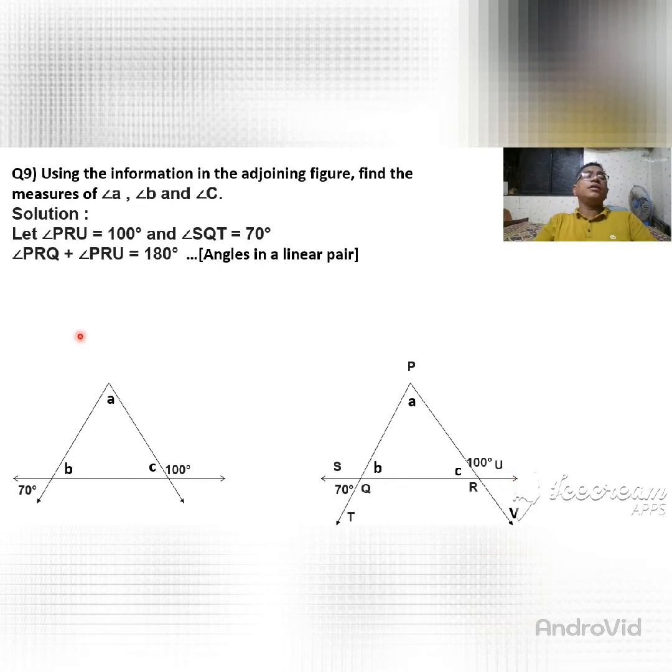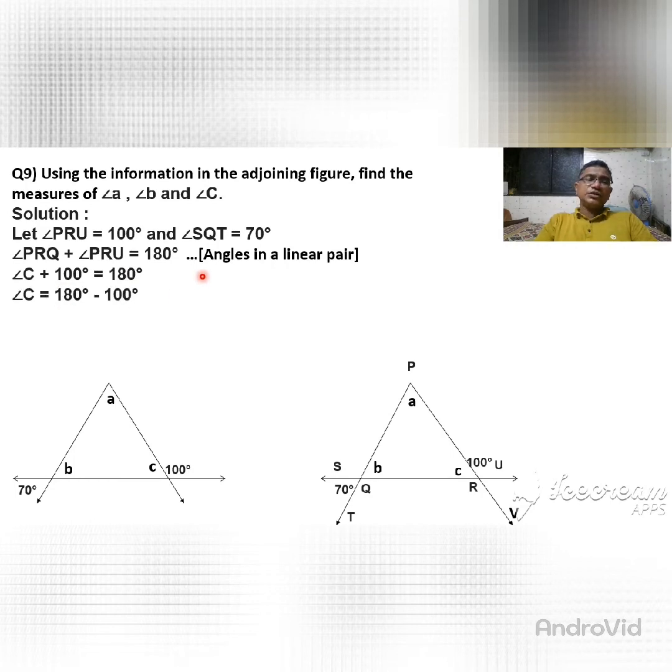So I write here angle PRQ plus angle PRU. See, this is the PRQ angle and this is the PRU angle. So they are linear pairs of each other. Angle PRQ I don't know, so that remains as it is. Angle PRU is 100 degrees, so I substitute here. PRQ is C, so I write here C. PRU is 100, so I write C plus 100 is equal to 180 degrees. 100 is positive, go across, negative.